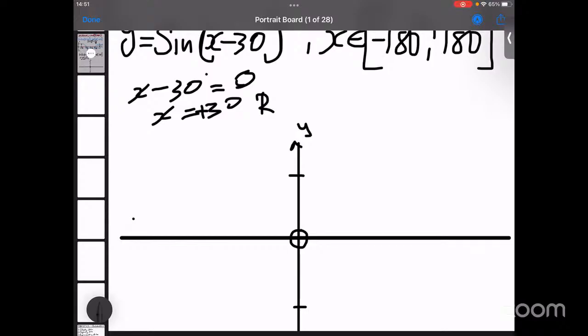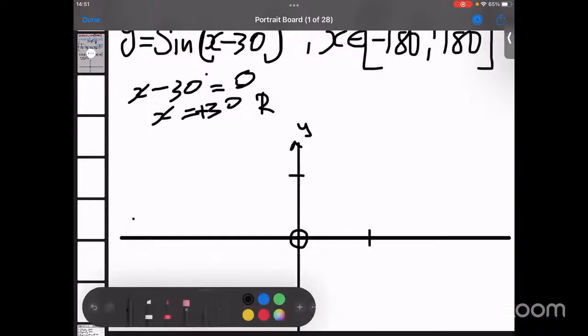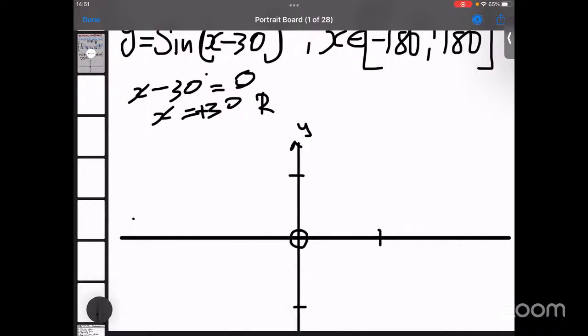To move to the next critical point, you jump by 90. But this function shifts and starts at 30. Let's say this is where you have your 90, and your 180 would be there, then this would be your negative 90, and this would be your negative 180.